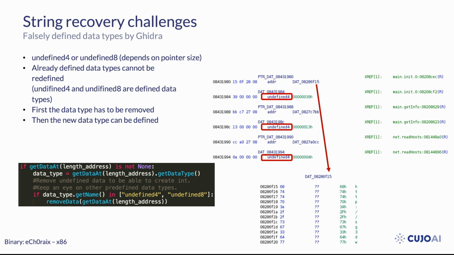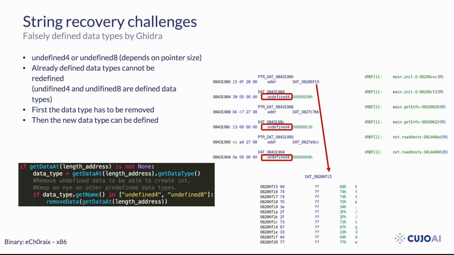Another challenge when we are working with string recovery is when Ghidra has falsely defined some data types. So what our scripts are doing is looking for the string values along with the lengths, and creating pointers, defining the strings and creating the integers. But what happens if Ghidra, for some reason, already defined data?